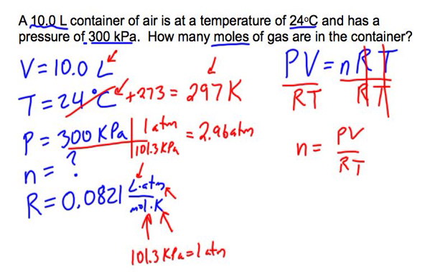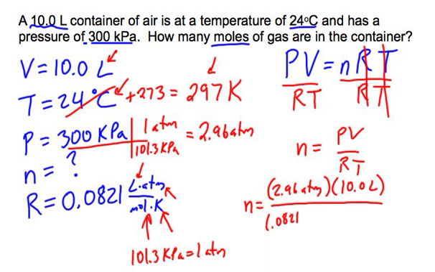So n equals, we're going to do 2.96 atmospheres times the volume of 10.0 liters divided by 0.0821 liter atmospheres over mole Kelvin times the temperature of 297 Kelvin. So I'm going to divide those all.